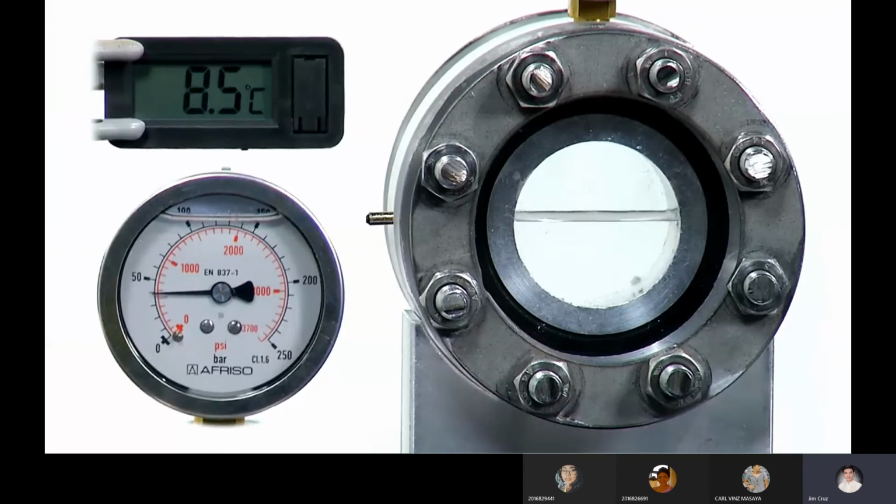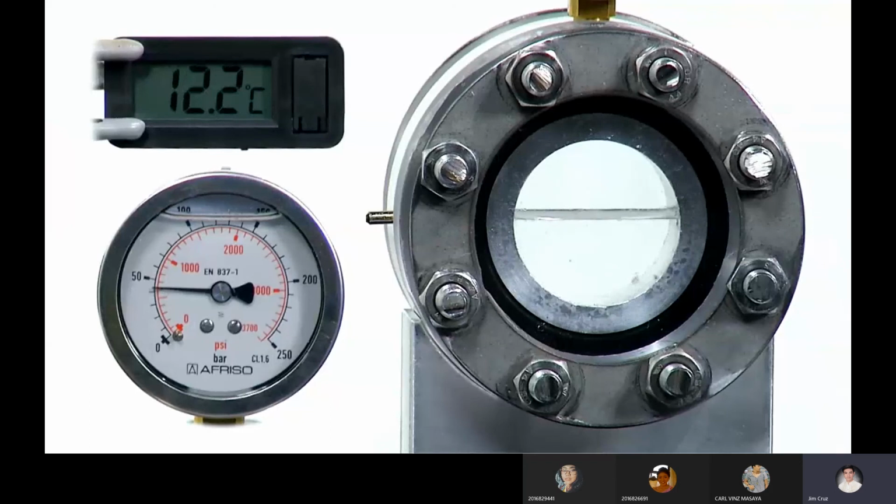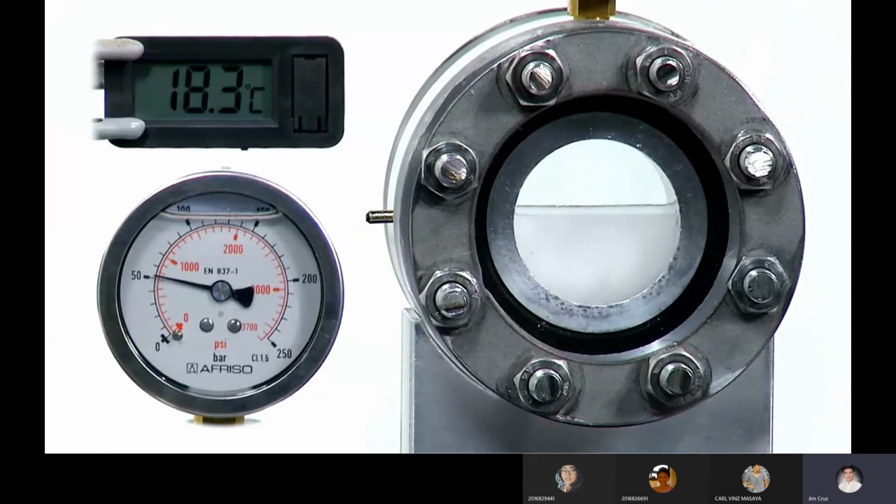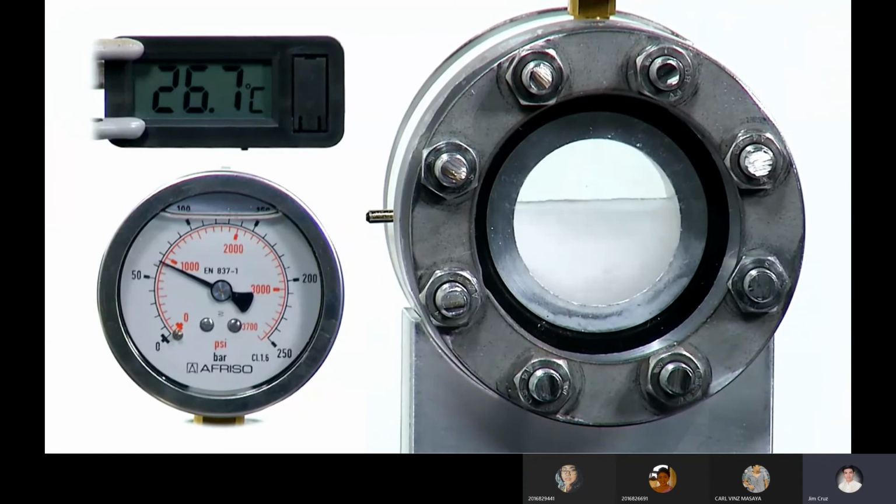CO2 has a critical temperature of 31.25 degrees Celsius and a critical absolute pressure of 73.9 bar. So we want to heat up the carbon dioxide to its critical temperature, and because the volume of the tank is constant, we can also build up the pressure.